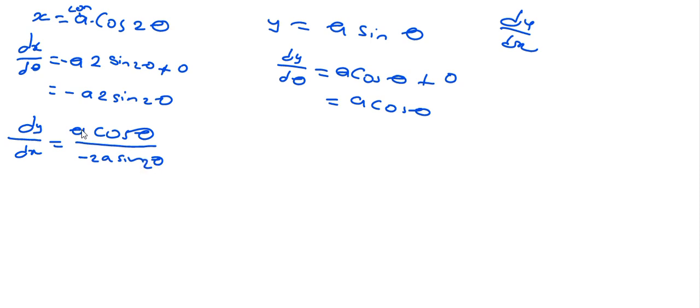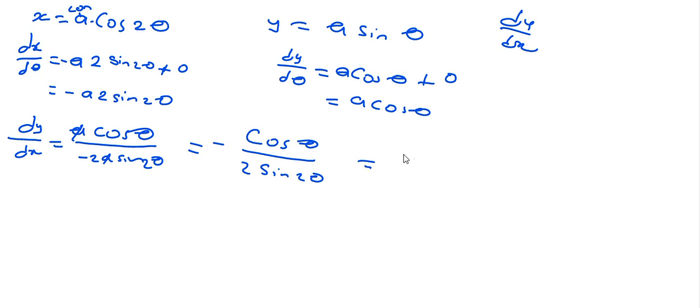So remember, this a is going to cancel. We're going to be left with negative cos theta divided by negative sine 2 theta. Remember, we have a double angle here.